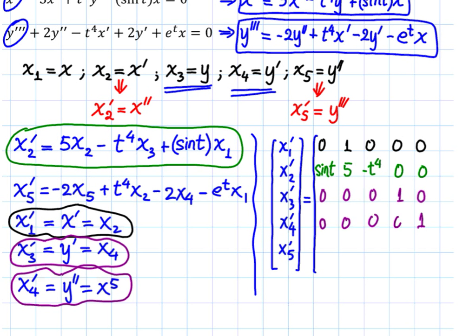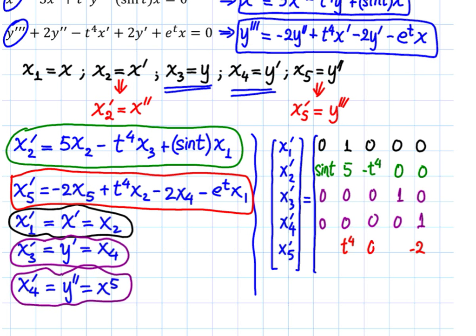And finally, x5 prime: negative 2 x5, t to the 4th x2, no x3, negative 2 x4, and negative e to the t x1.